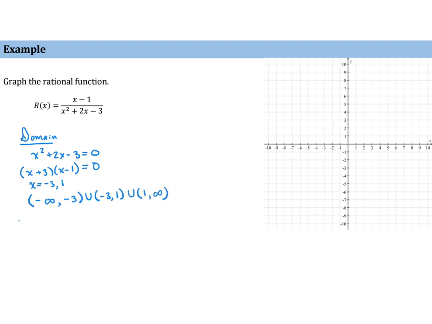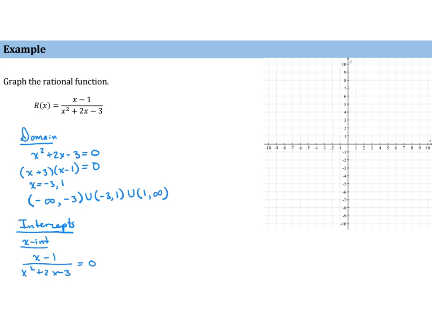Now let's find any intercepts. So to find the intercepts, let's start off with the x-intercept and let y equal 0. So we have (x minus 1) over (x squared plus 2x minus 3) equals 0.